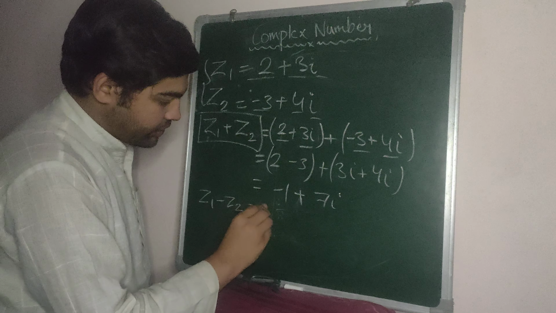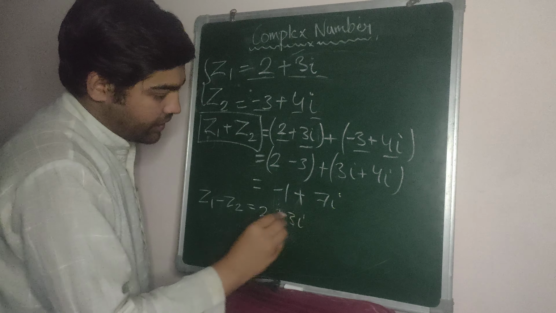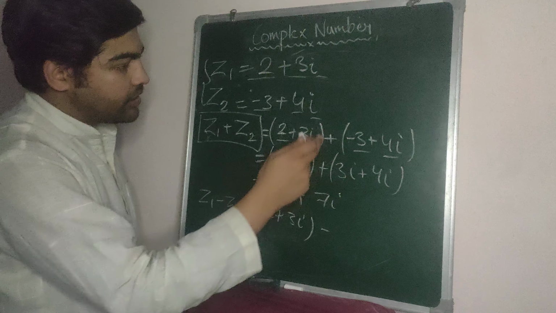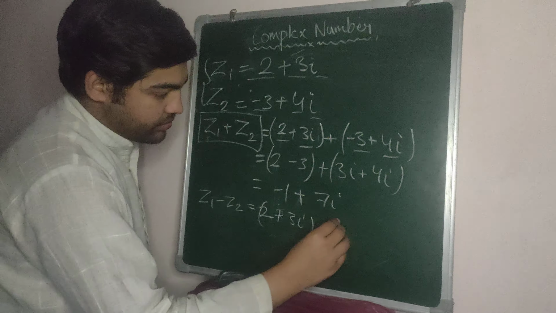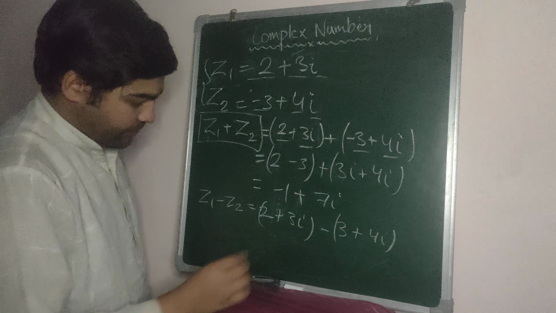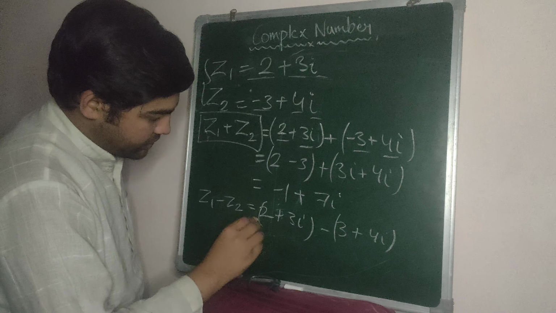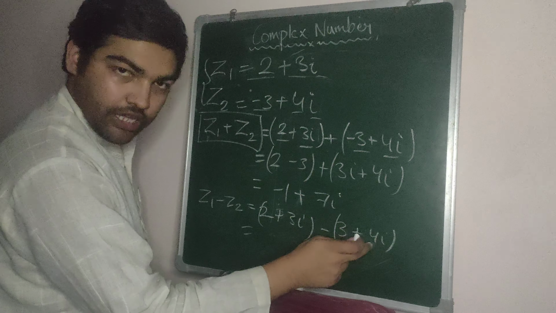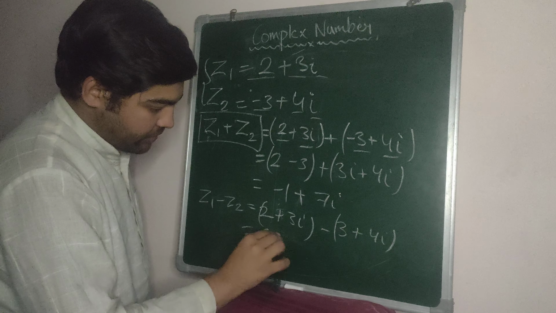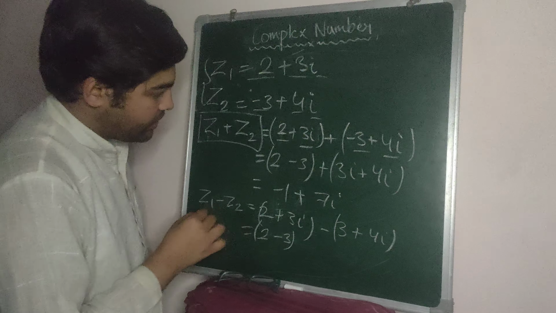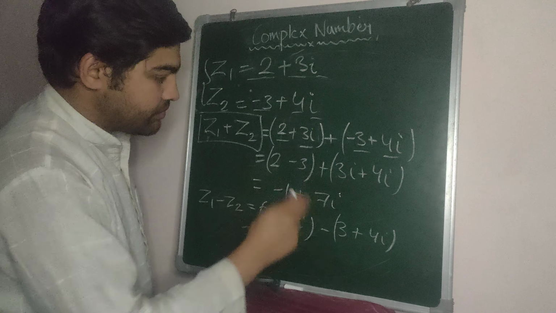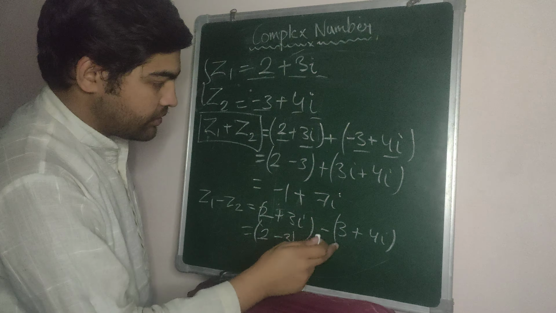So what is 2 plus 3i minus Z2, which is minus 3 plus 4i? If we consider this, then the real part should be subtracted from the real part and the imaginary part should be subtracted from the imaginary part. So 2 minus minus 3, this minus becomes a plus.